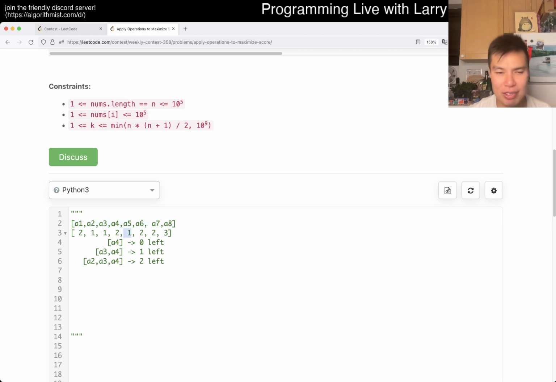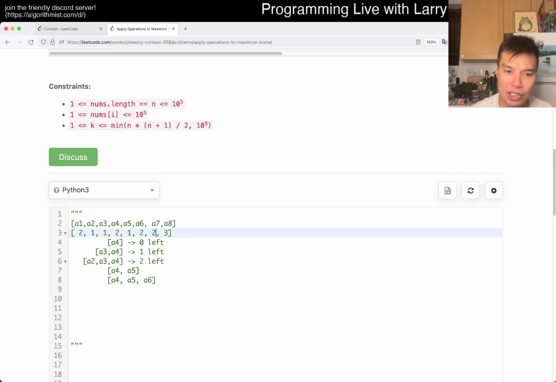The 2 can extend past the 1, so A4, A5, A6 can be part of the subarray. Because A4 and A6 are tied, A4 is the tiebreaker, so A4 will have this.